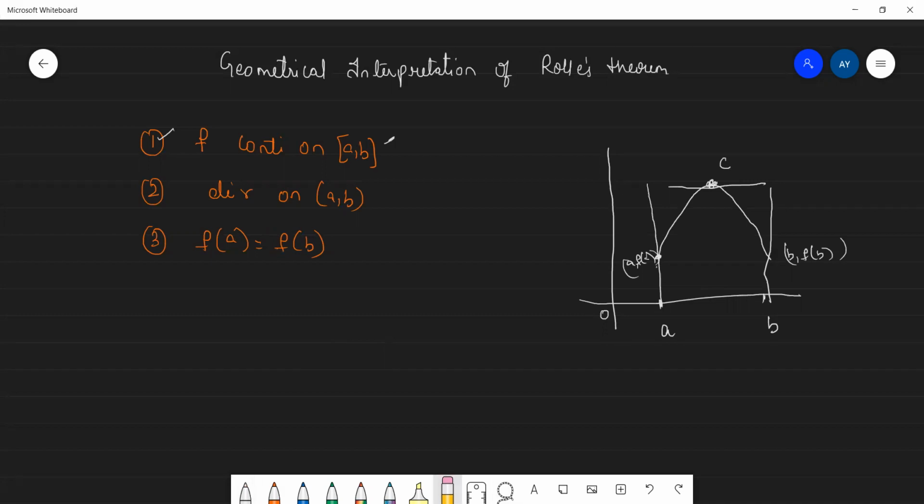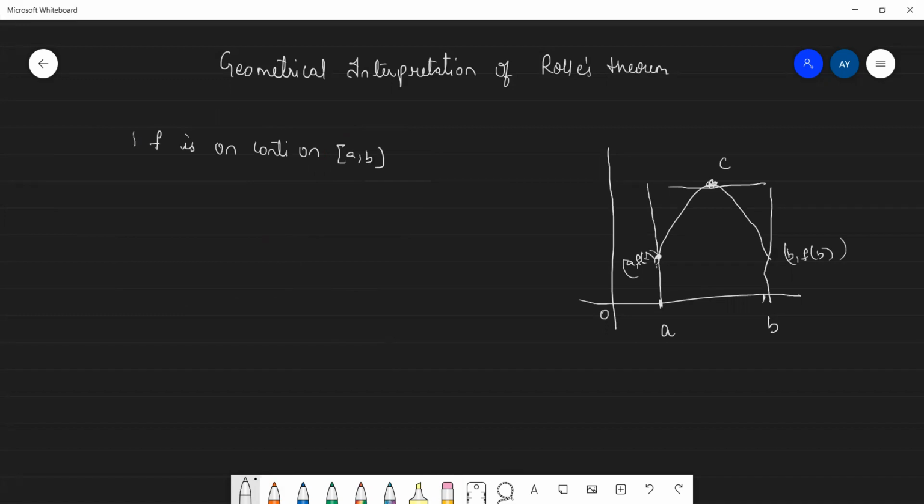So what will the geometric representation be? From this curve, what have we observed? Obviously, f is continuous on [a, b]. It is continuous on the closed interval [a, b]. And what is the second condition? That is, it is satisfying that f is derivable on the open interval (a, b). And there exists a unique tangent.